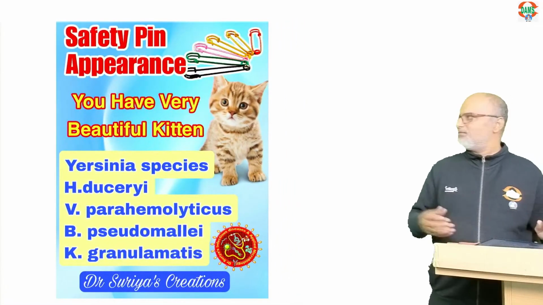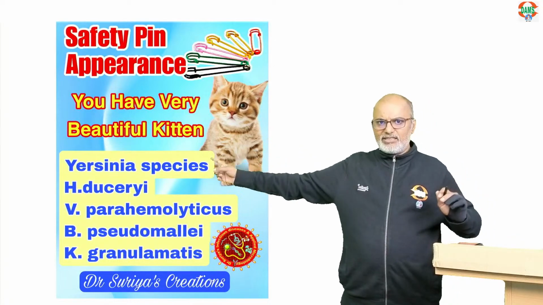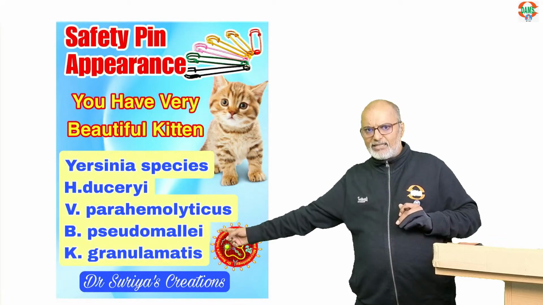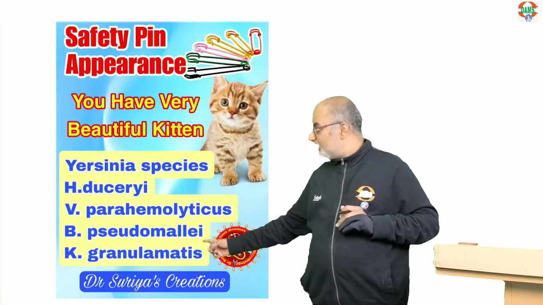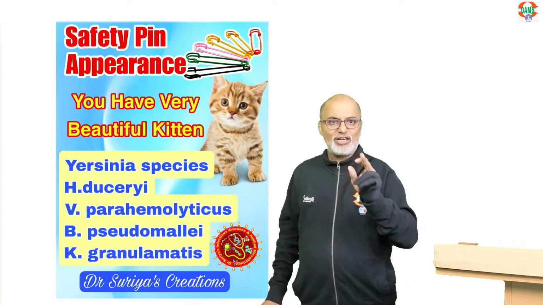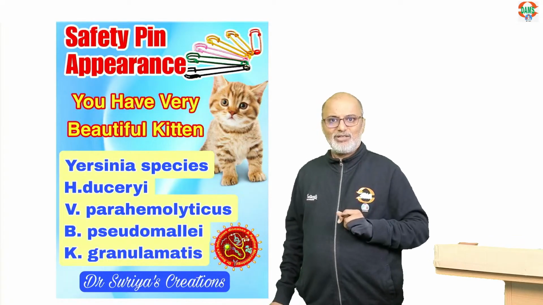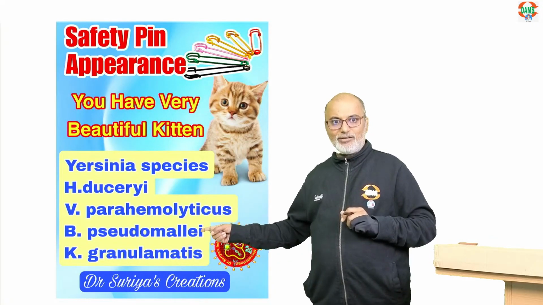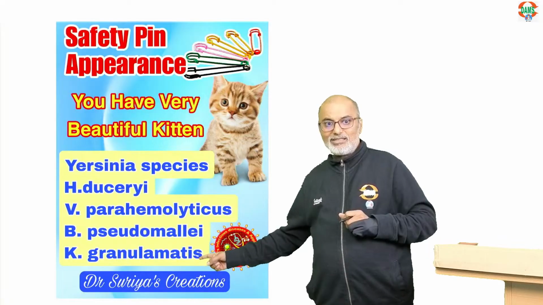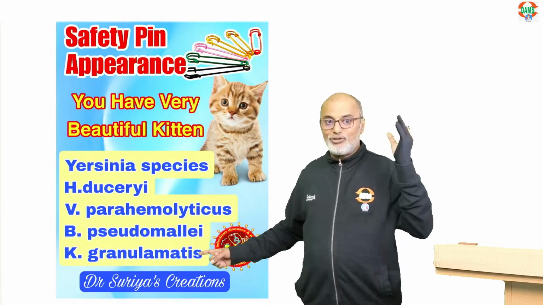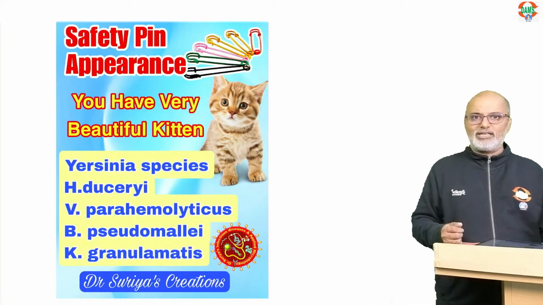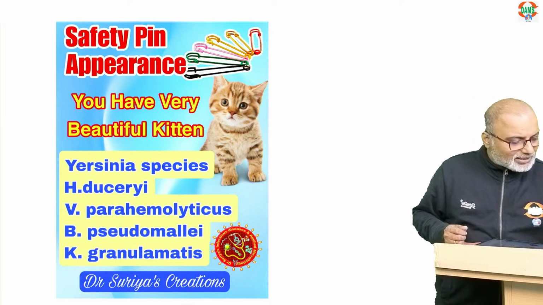Yersinia, Haemophilus ducreyi, Vibrio parahemolyticus, Pseudomonas, Burkholderia pseudomallei, Klebsiella granulomatis. I want to confuse you, because of that I gave everything. Haemophilus influenzae I gave. And Pseudomonas pseudomallei, old name; I gave Pseudomonas aeruginosa. Klebsiella pneumoniae I gave, but actually Klebsiella granulomatis. These are all safety pin appearance. The mnemonic is, you have very beautiful kitten. Everybody loves the kitten.